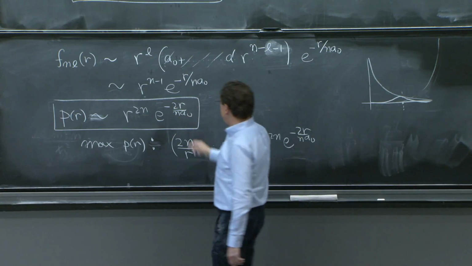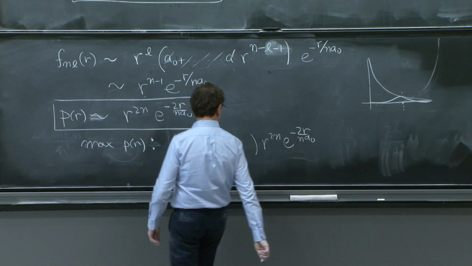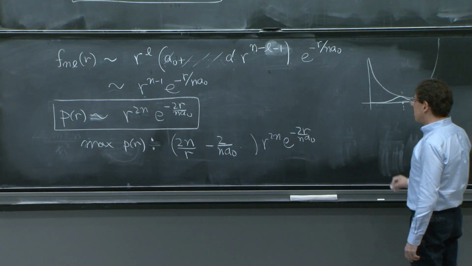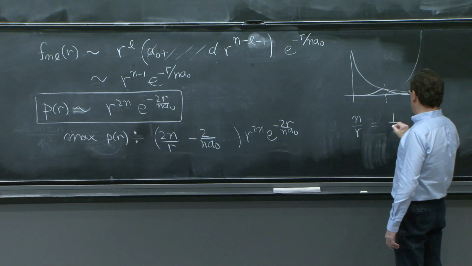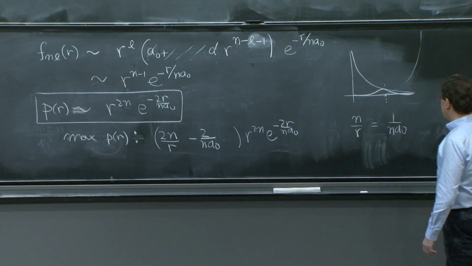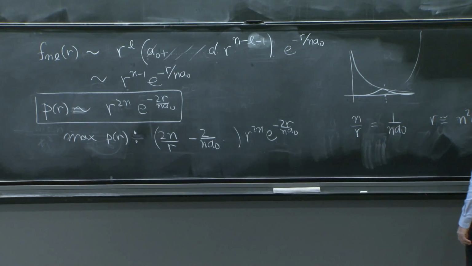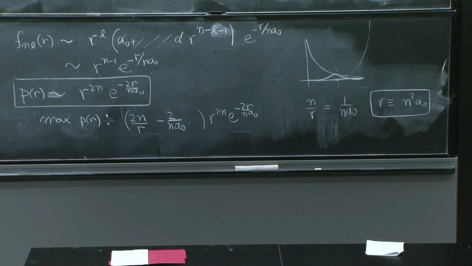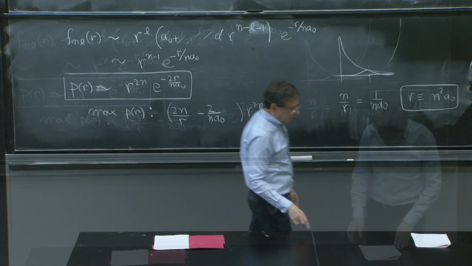The second derivative gives you minus 2 over n a0. And that's it. So from this, you get that n over r is equal to 1 over n a0. So r equals n squared a0, as we had predicted. So it's the interplay of the polynomial with the other thing that makes the radius go very high.